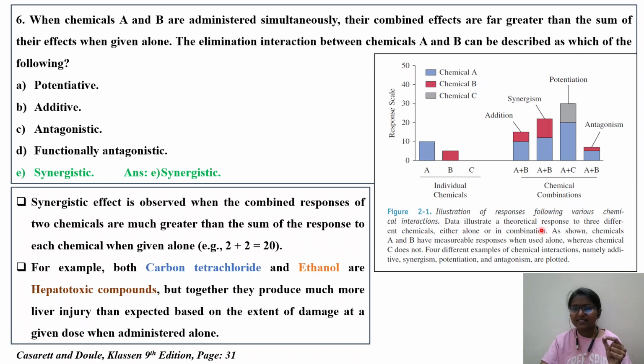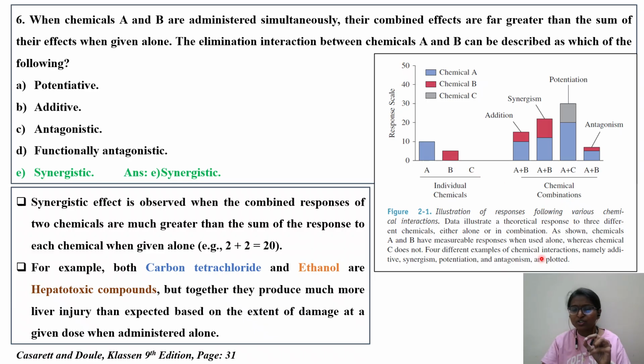The data illustrates a theoretical response to three different chemicals, chemical A, chemical B, chemical C, either alone or in combination. As shown, chemicals A and B have measurable responses when used alone, whereas chemical C does not. C is not having any response. You can see individual chemicals A, B, and C, the response scale is there. A is showing some effect, B is also showing some effect, C, no effect.